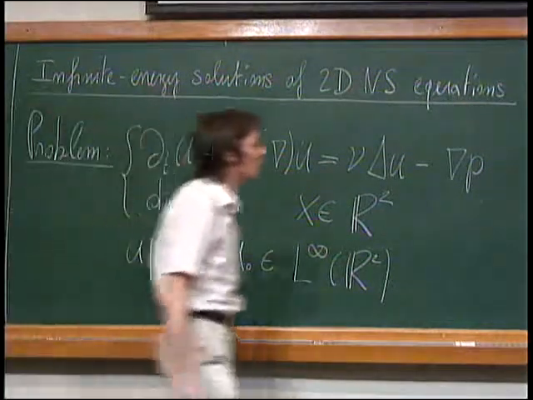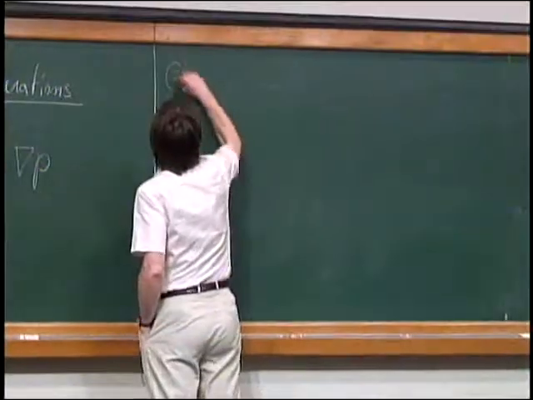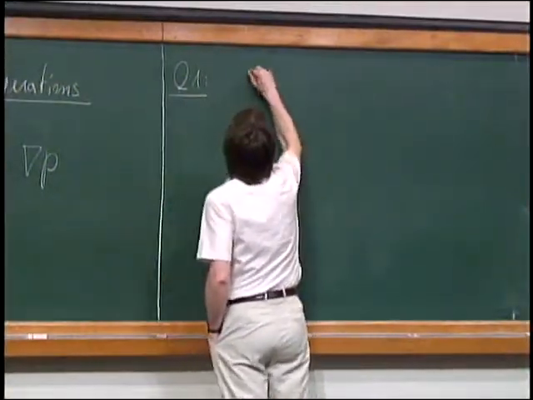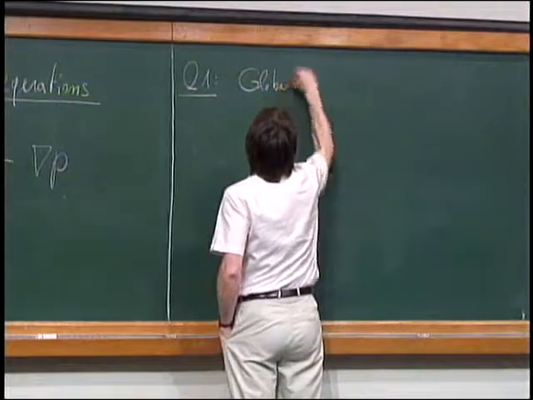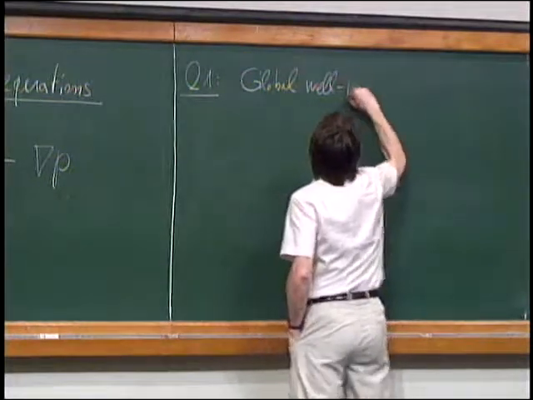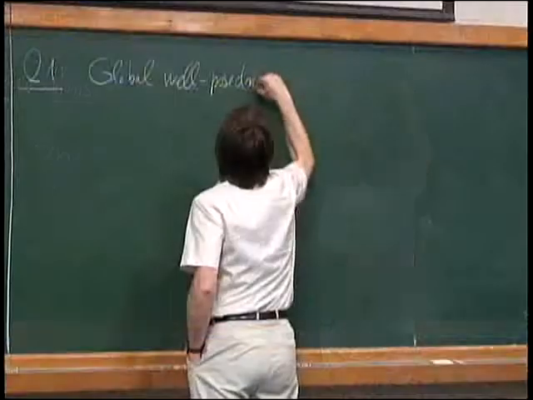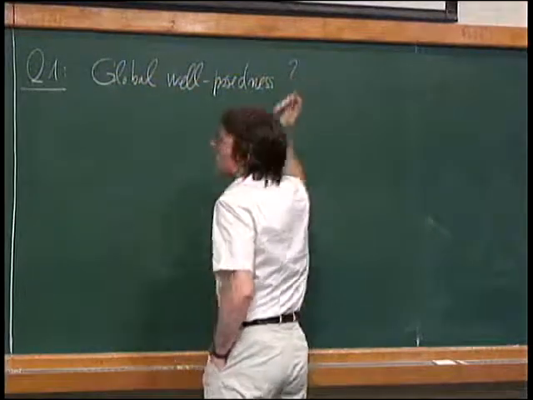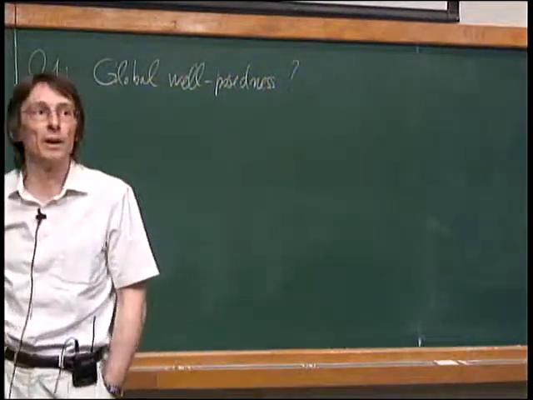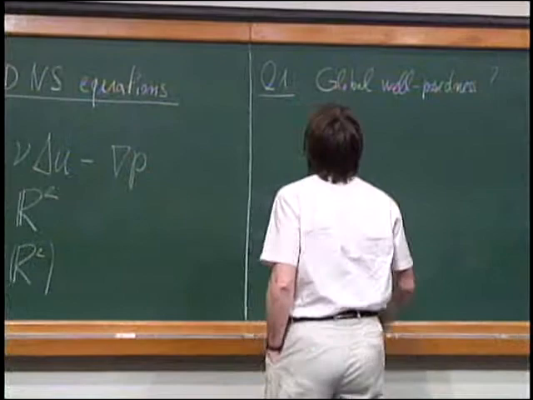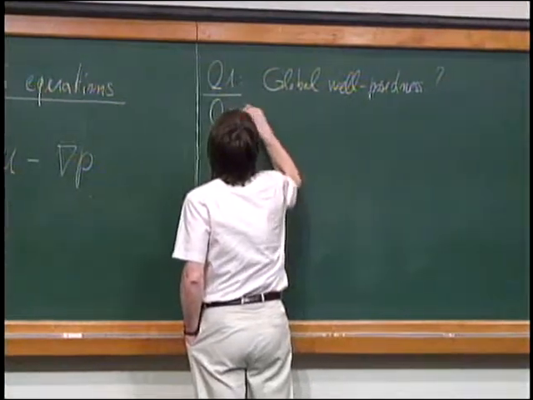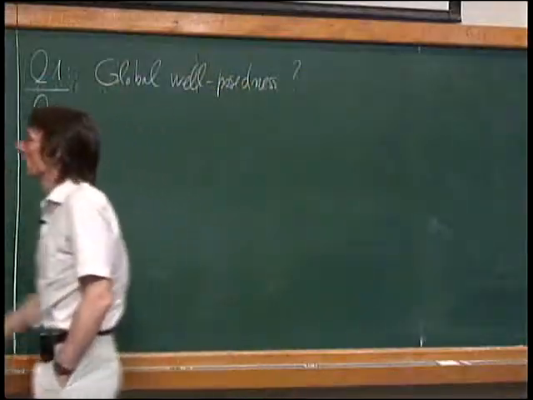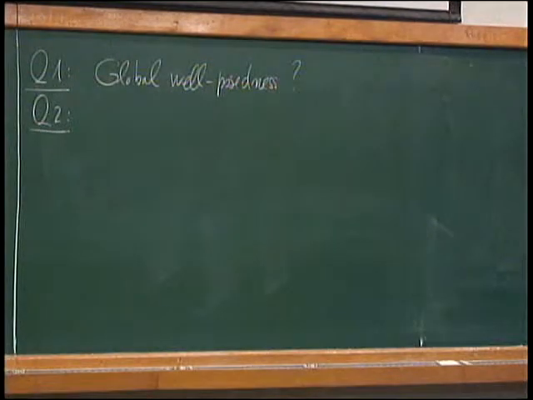And the questions for this problem: first question, do we have global well-posedness? In fact, the answer is positive. This is known, and I will recall what is known about this. Now, once this is settled, you have a global solution which stays bounded for all time.